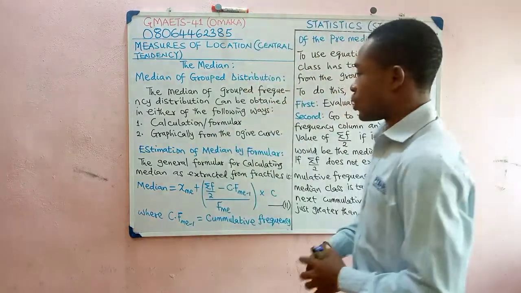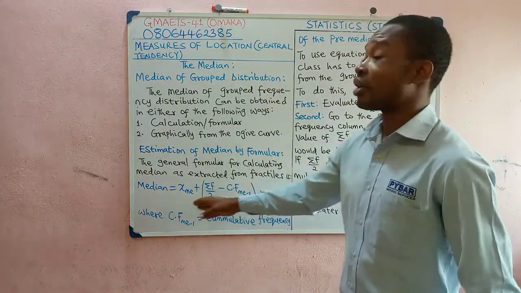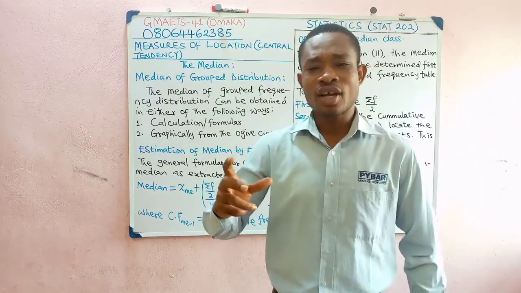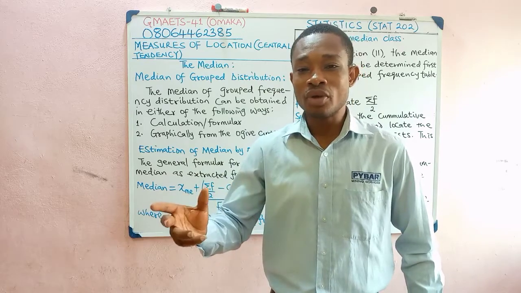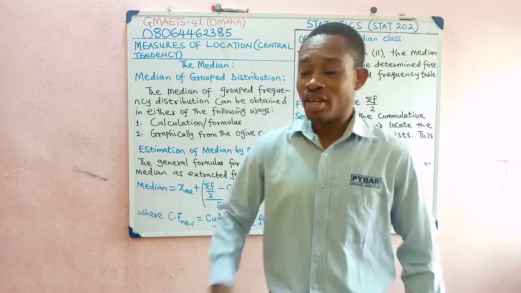And on the board here, we have the formula that is used in calculating the median, just similar to what we saw for mode, how to estimate mode by calculation. Now let us look at the formula.